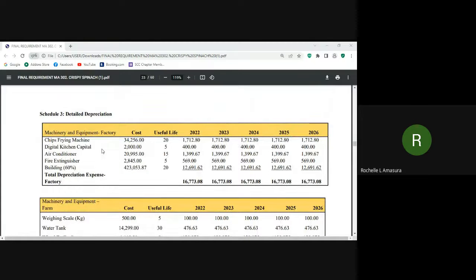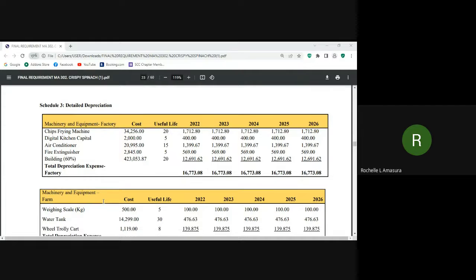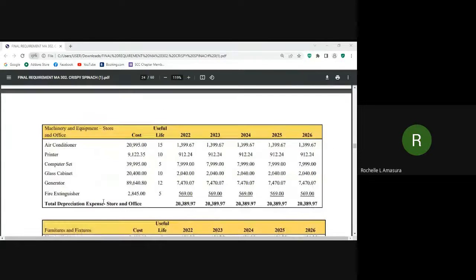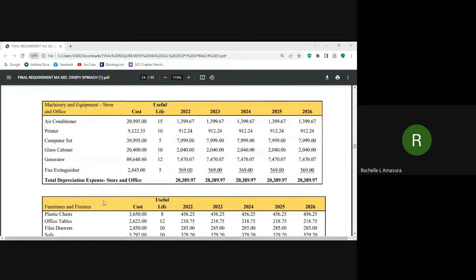Then schedule 3, the detailed depreciation. Kani useful life: kung pila ang cost niya, i-divide siya sa useful life niya para makuha kung pila ang mabayad every year. Ipang-plus na ni sila tanan. Same gihapon ang machinery and equipment sa farm, sa store and office supplies, i-divide sila sa useful life nila.